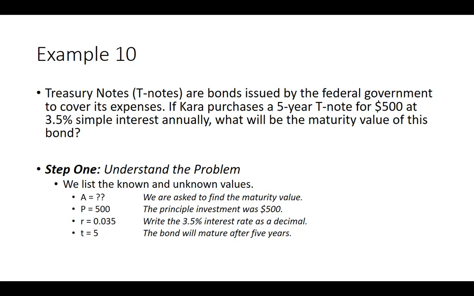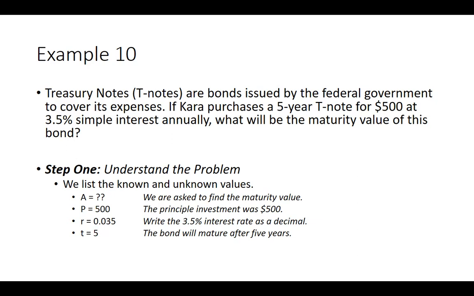Treasury notes, or T-notes, are bonds issued by the federal government to cover its expenses. If Kara purchases a 5-year T-note for $500 at 3.5% simple interest annually, what will be the maturity value of this bond? As always, we'll list our known and unknowns to start it off.